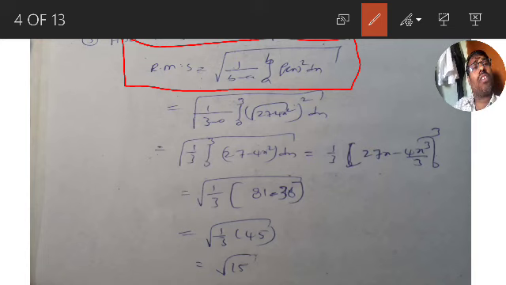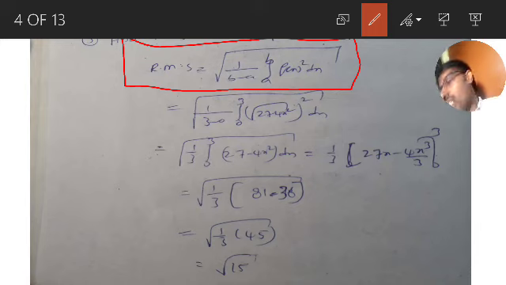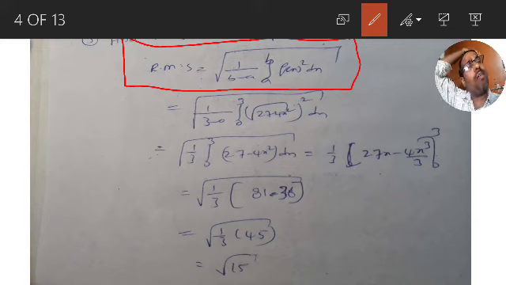f of x is square root of 27 minus 4x square, and the limits are a is equal to 0 and b is equal to 3. Substitute in the formula, what do you get? Square root of 1 by 3 minus 0 integration 0 to 3 square root of 27 minus 4x square whole square dx.